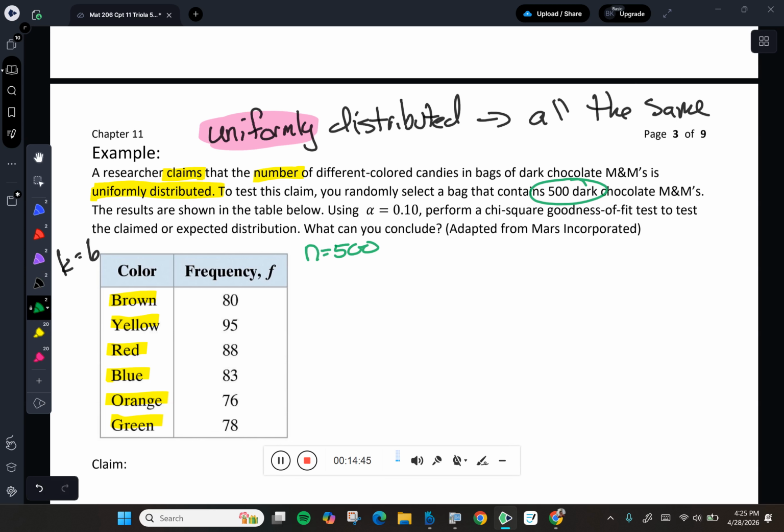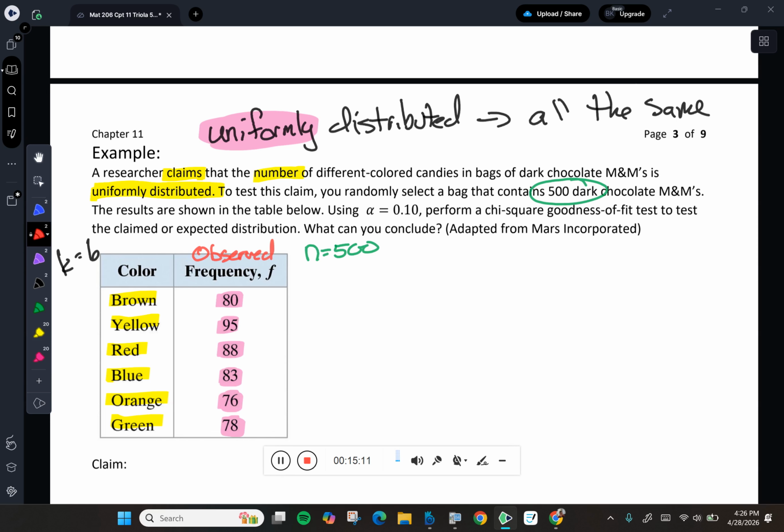Our numbers over here, the 80, the 95, the 88, the 83, the 76, and the 88, those are all of the individual frequencies for each category. So really, that column should be labeled observed frequencies because that's what we literally observed.